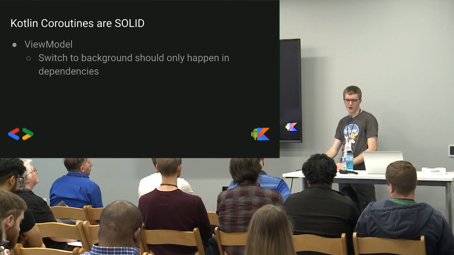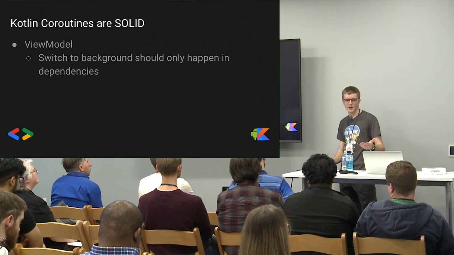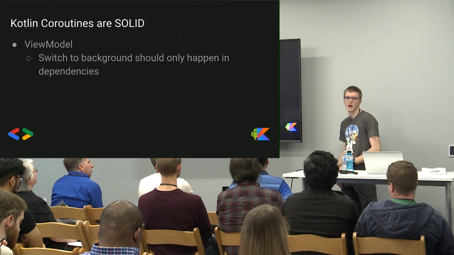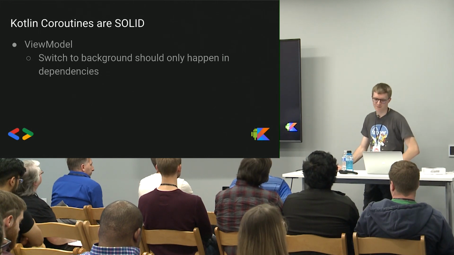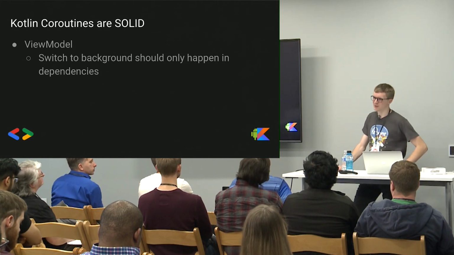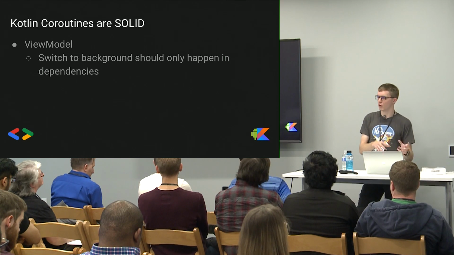That should be down in our dependency, which goes obviously hand in hand with dependency inversion, where we're going to be injecting all of our dependencies that we're creating as a result of wanting to avoid the withContext calls in our ViewModel.